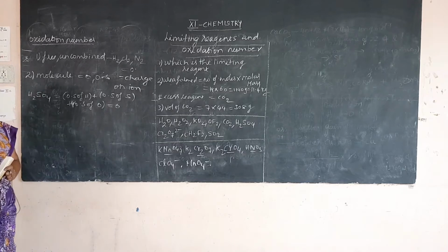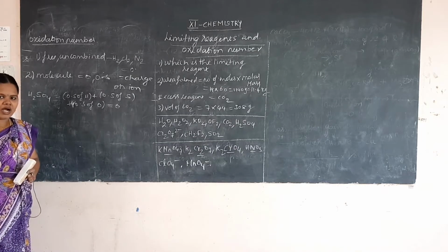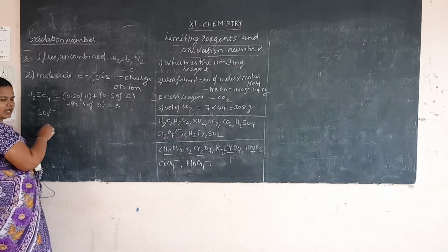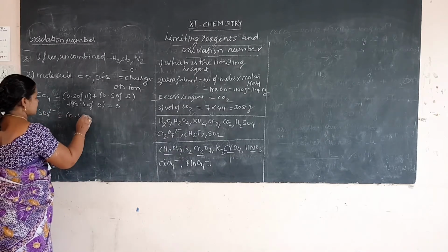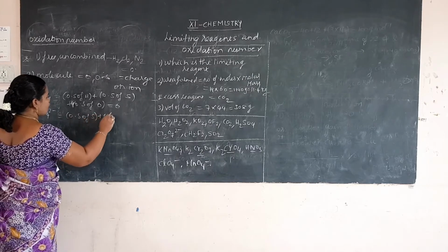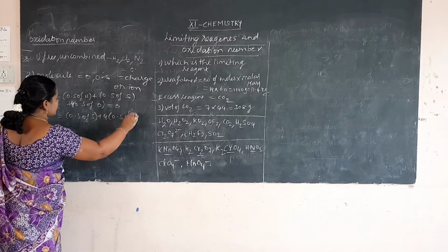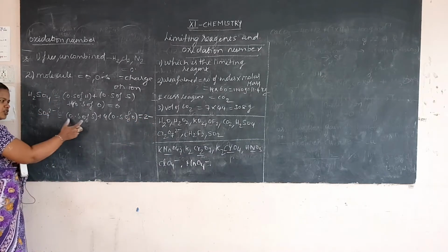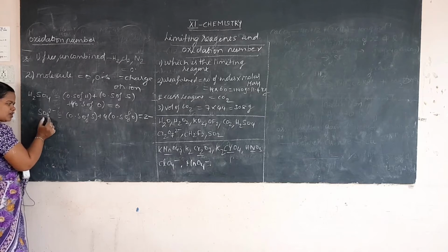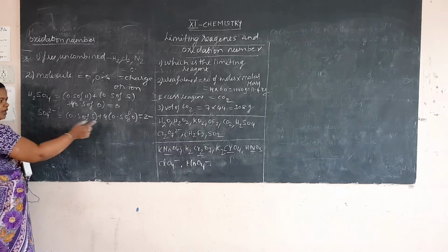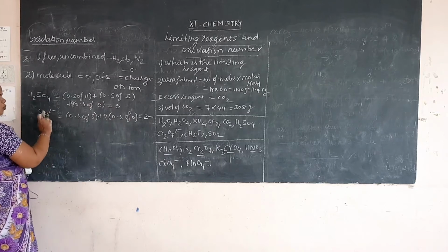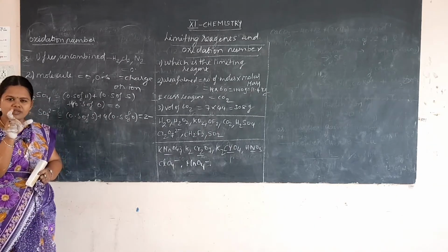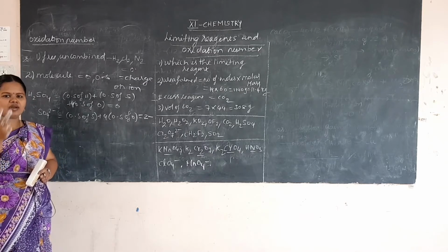In a molecule the oxidation state sum is 0. If it is an ion, for example SO4 2-, then the oxidation state of sulfur plus 4 into the oxidation state of oxygen will be equal to 2-. Can you understand? So if it is an ion with a charge on top, that is the oxidation number; if it is a molecule, it will be 0.